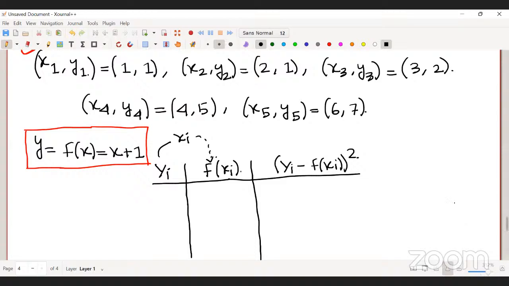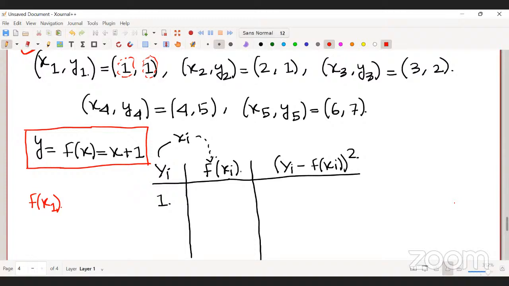So what is my y1? y1 is 1, and with respect to this y1, what is my value of x1? x1 is also 1, and for this x1 I need to find f of x1. I know f of xi is xi plus 1.